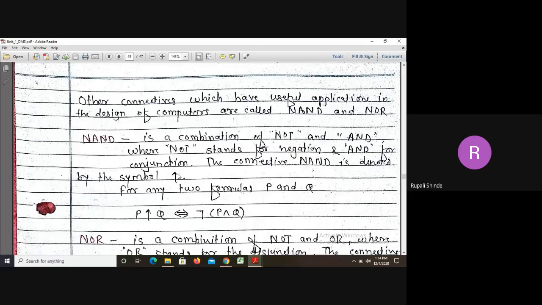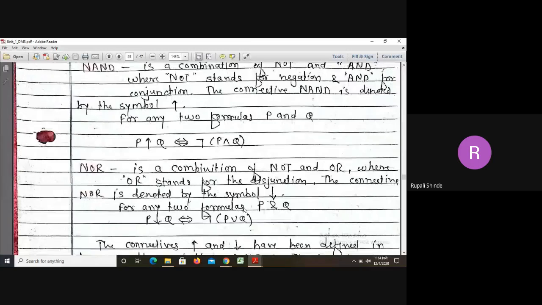If there are two formulas P and Q, then NAND between these two can be represented as P NAND Q, and this is equivalent to the negation of P and Q. So NAND is NOT AND.